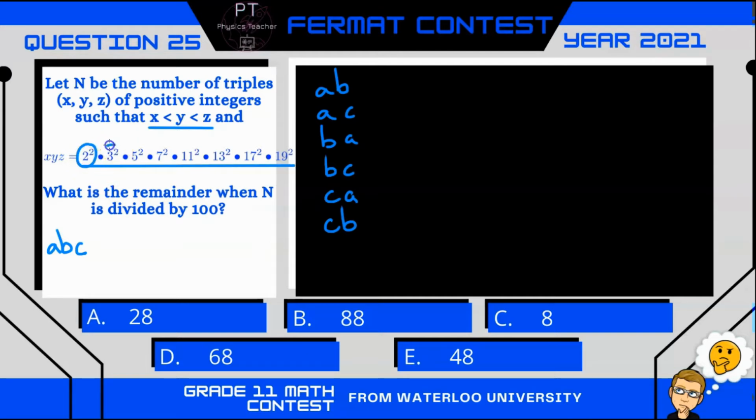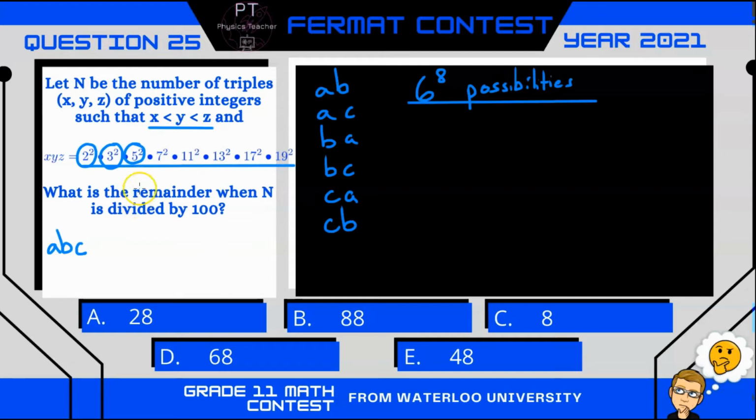And the same is true for these 2 factors of 3, 2 factors of 5, and so on. There's a total of 8 primes here. That means we have 6 to the power of 8 different possibilities of A, B, and C.